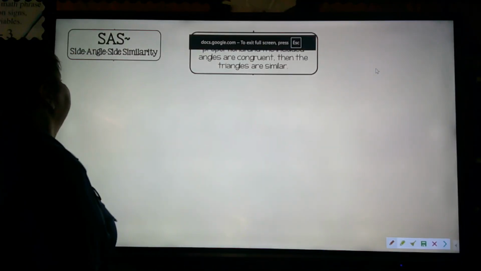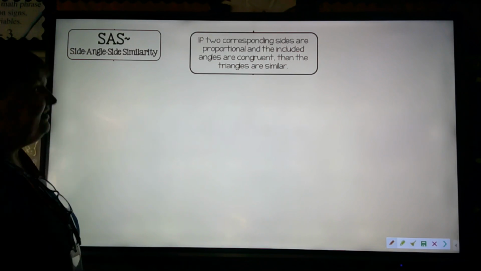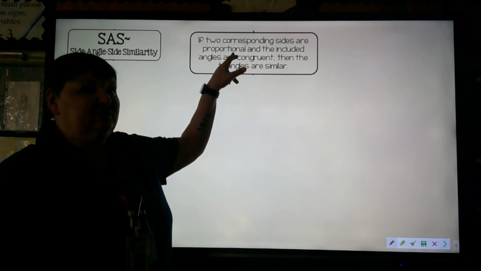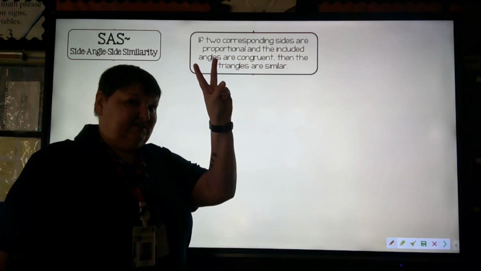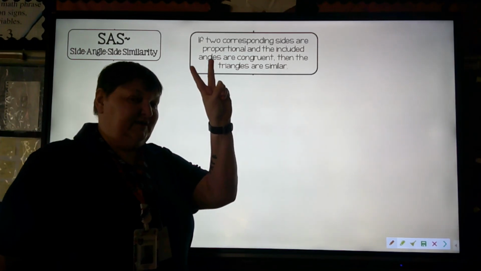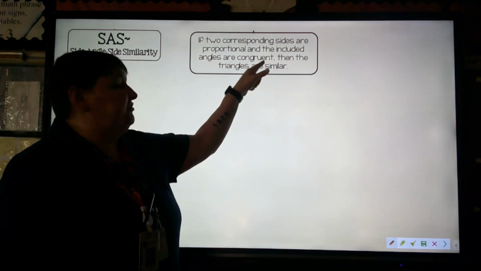Don't judge me. All right, so SAS, side angle side similarity. Side angle side similarity says if two corresponding sides are proportional, so you need two sides that have the same ratio, and the included angles are congruent.